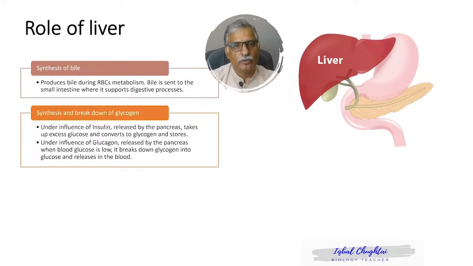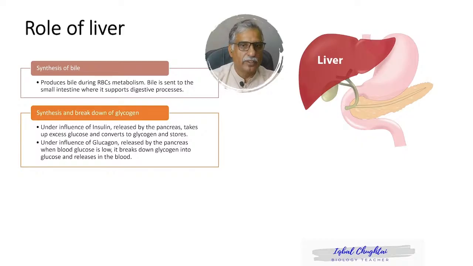Similarly, when blood glucose concentration starts declining, the pancreas produces a hormone known as glucagon that interacts with the liver cells, and the liver, in response to that glucagon, hydrolyzes stored glycogen into glucose and releases it into the bloodstream. So this is another job of the liver, that it helps maintain glucose concentration in the blood.